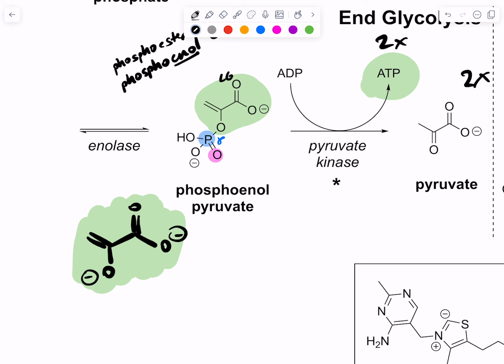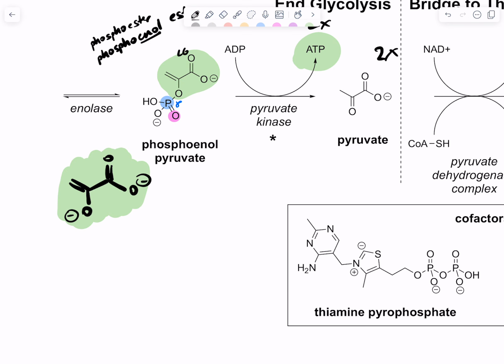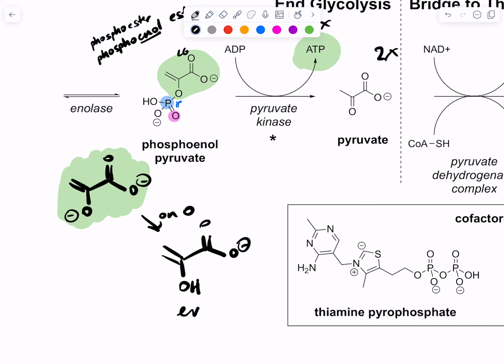There are two spots. One of them is obvious. What's the obvious one? Yeah, if you protonate on the negatively charged oxygen, you're going to get this enol. If you protonate, where's the other spot you could protonate? Yeah, this carbon here, right?